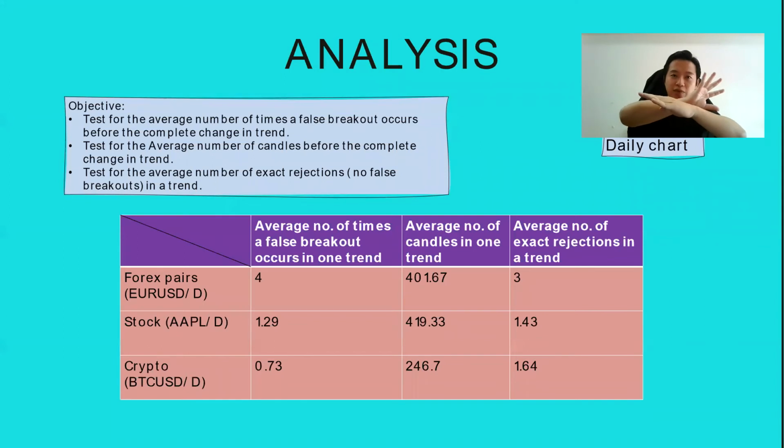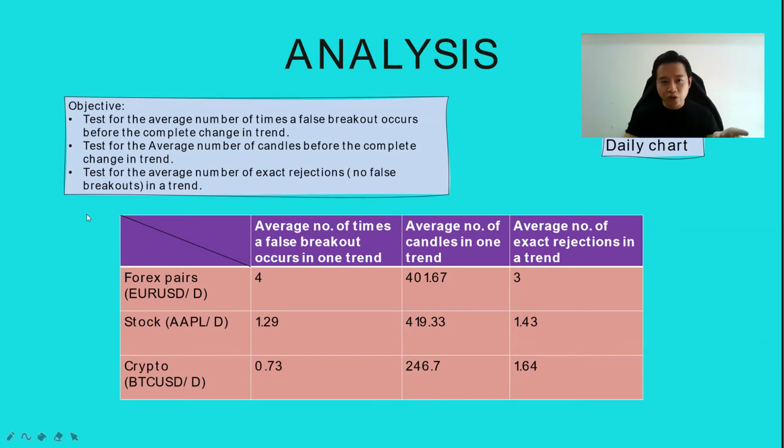So we test from the point of the uptrend to the point whereby it closes below, it goes down. From A to B, the point goes up and the point goes down. From this distance, we test for the number of times there is a false breakout. So it went deep below before going back up, deep below, number of times there are false breakouts, and the number of times there is actually the exact rejection at the line. All right. So this is something that we did a test for.